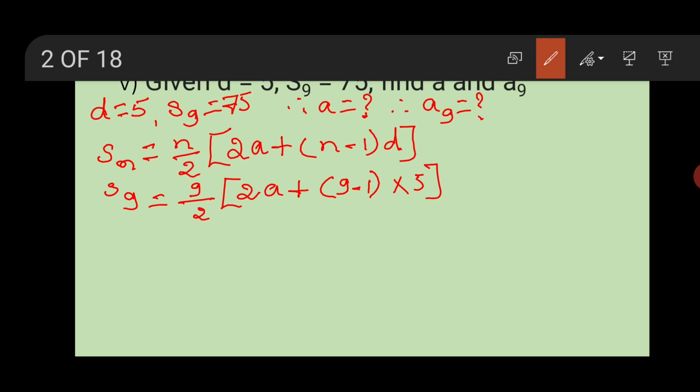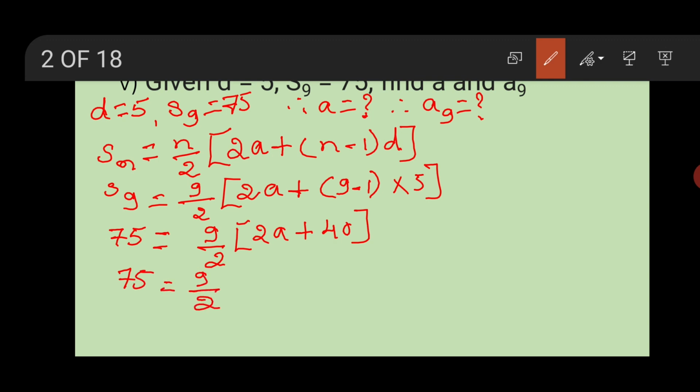It is given, so Sn value is 75. Substitute here: 9 divided by 2 into 2a plus 9 minus 1 is 8, 8 fives are 40.